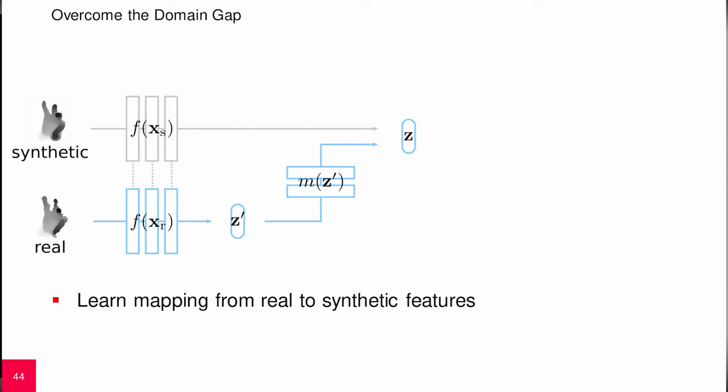We map from the latent representation of real samples to the latent representation of synthetic samples, and from this map to the final pose representation. The idea being that in this way we can exploit all the synthetic data we have for this final mapping to the pose representation, for which we still need labeled samples.